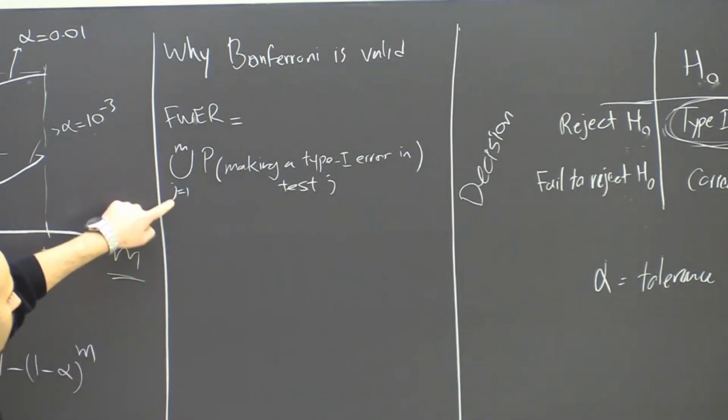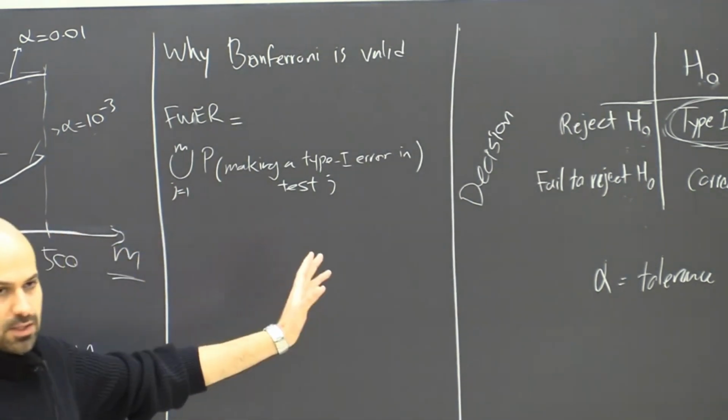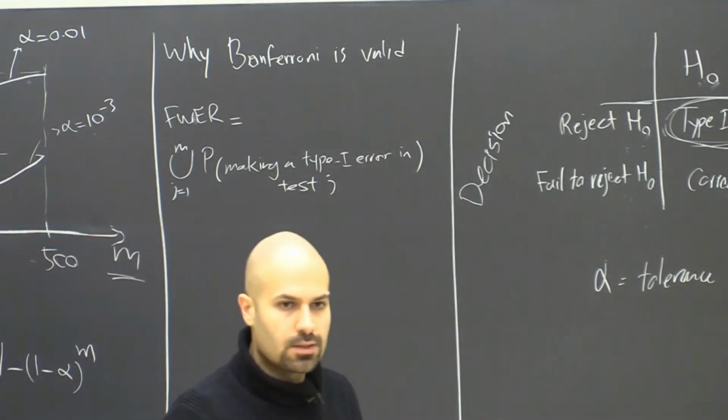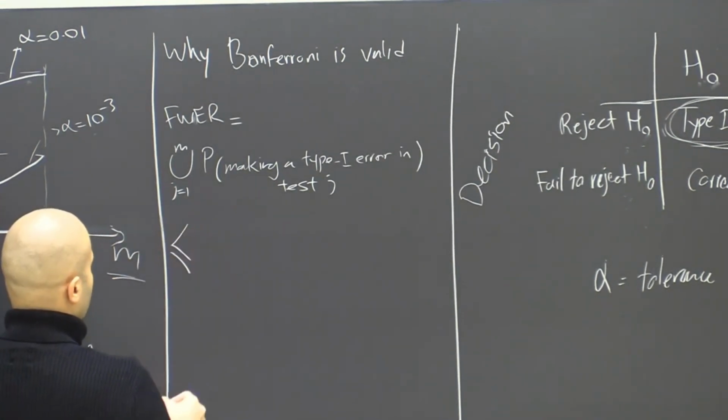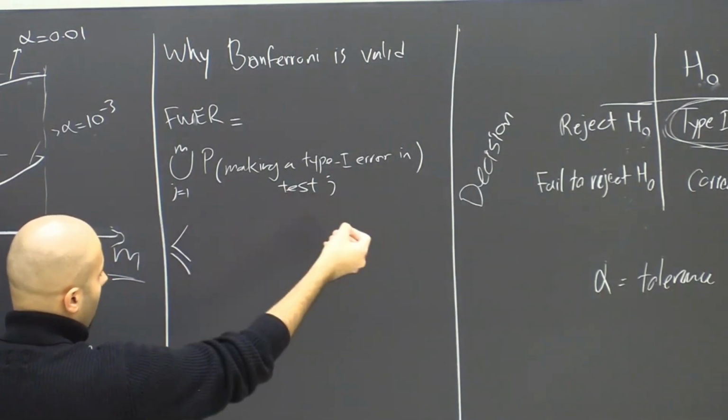So I have the union from J equal to 1 to m of making a type 1 error in any of these tests. The probability of a union is less than or equal to the sum of those probabilities.